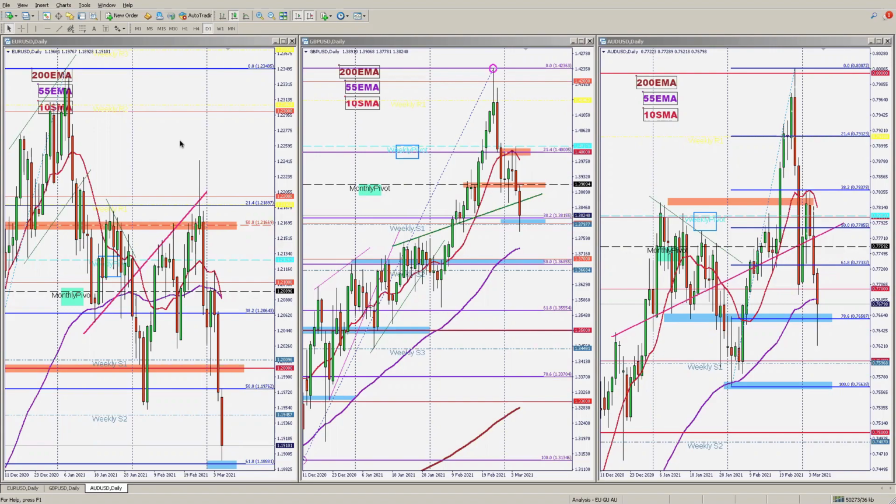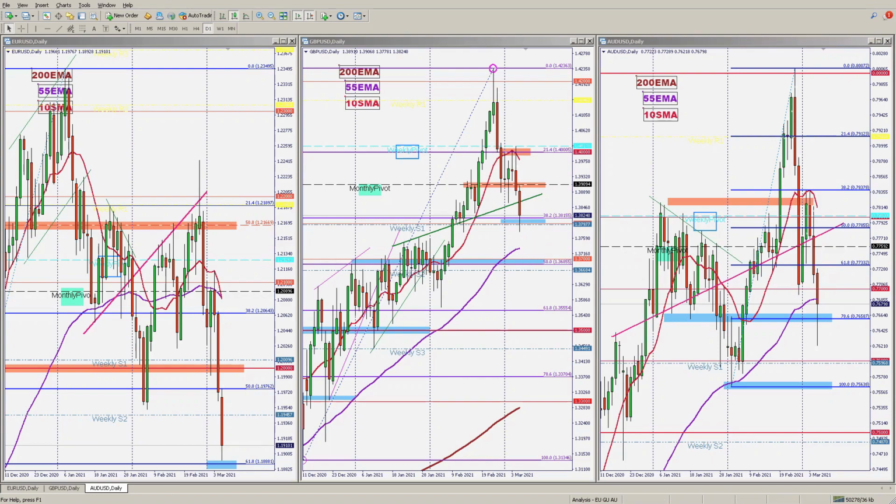And this is the weekly analysis for the Euro, the cable, and the Aussie dollar for the second week of March. As you can see across all these three major pairs, it has weakened over the past week, as we were highlighting last week after a bearish week the week before, and with different degrees of weakness.